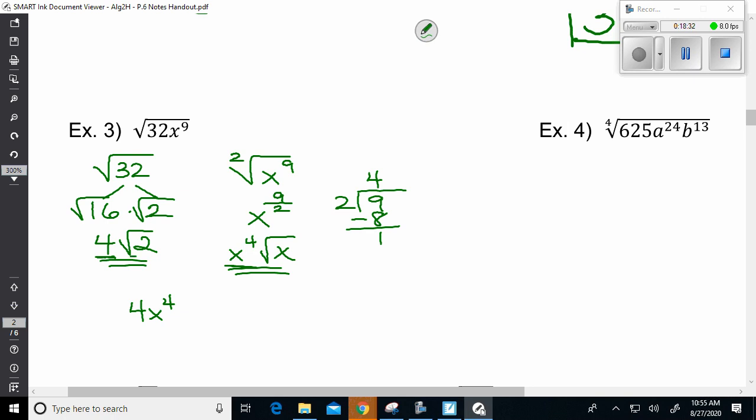Whatever was inside stays inside. 2 times x is 2x. So out stays out, in stays in.